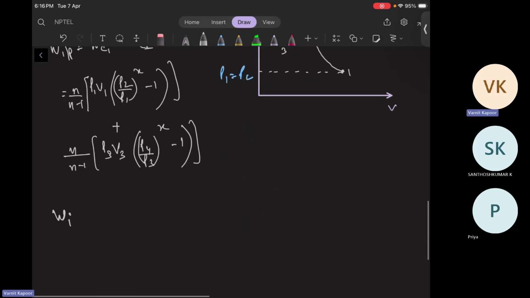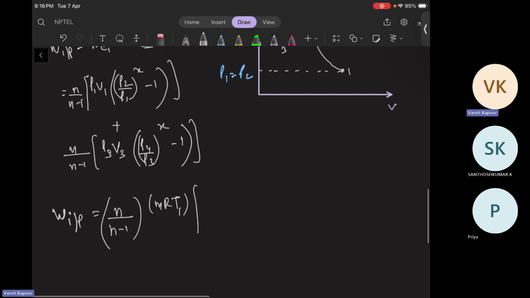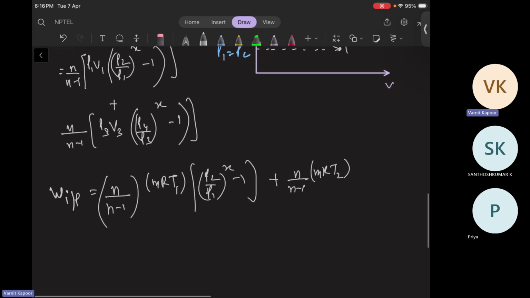So work input will be n by n minus 1 times mRT1 into P2 by P1 power x minus 1, plus n by n minus 1 into mRT3 into P4 by P3 power x minus 1.